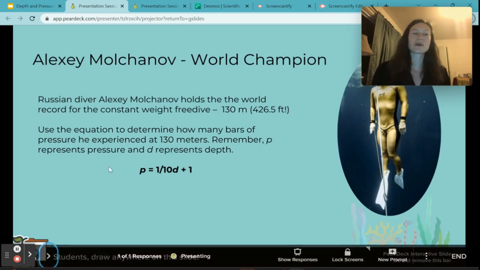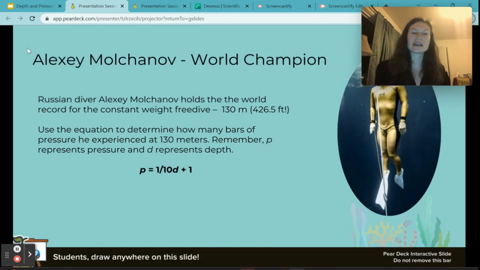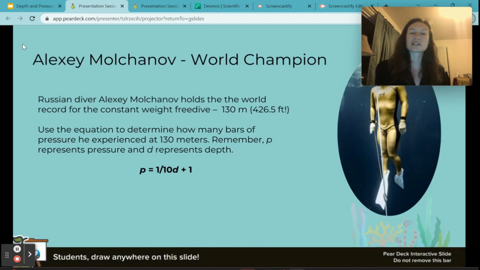We're going to use this equation again, P = (1/10)d + 1, to determine how much atmospheric pressure was pushing on him at that depth. The depth was 130 meters, and you need to substitute that number somewhere in this equation to figure out how much pressure he experienced.